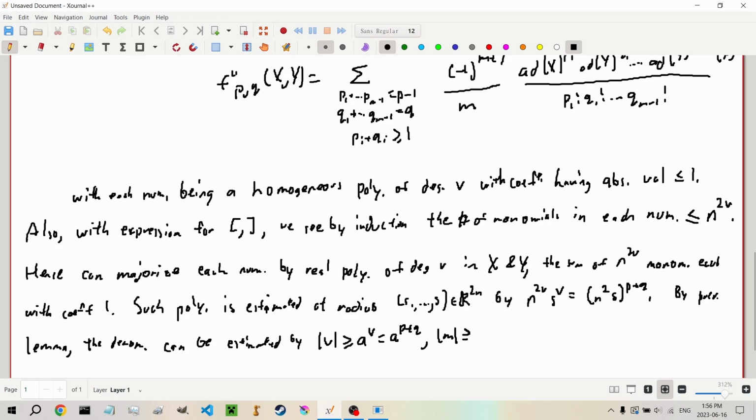Likewise, the absolute value of m is at most a to the m, which is at most a to the p plus q.